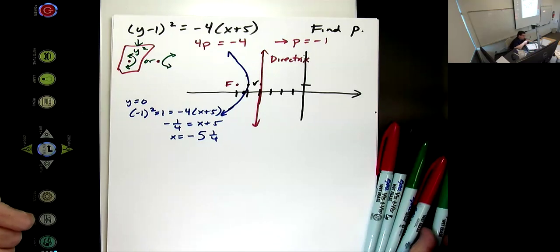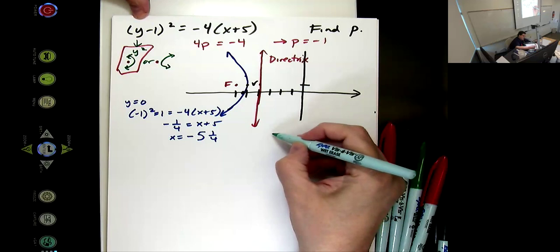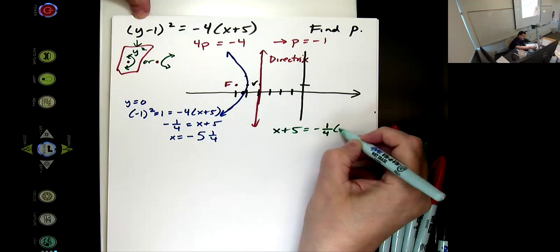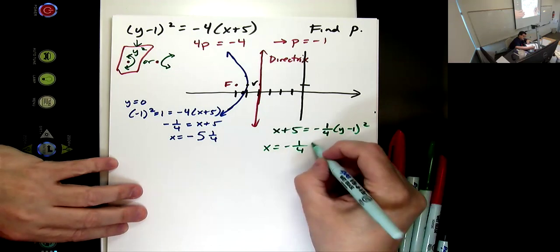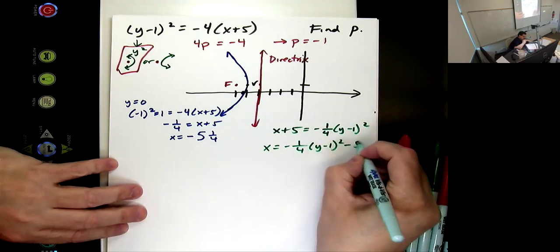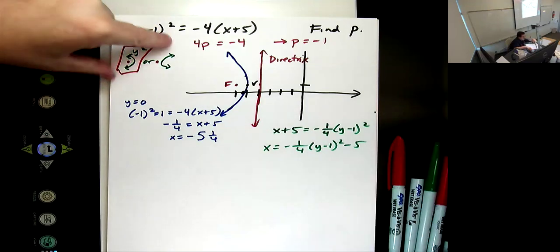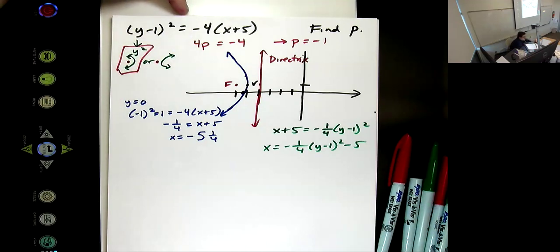Of course, if we solved it for the setup that we're more used to, I would divide by -1/4, or divide by -4, and I would subtract 5. Now, it's important to note here, this was pretty easy: 4p equals -4, but it requires writing it in a weird form.